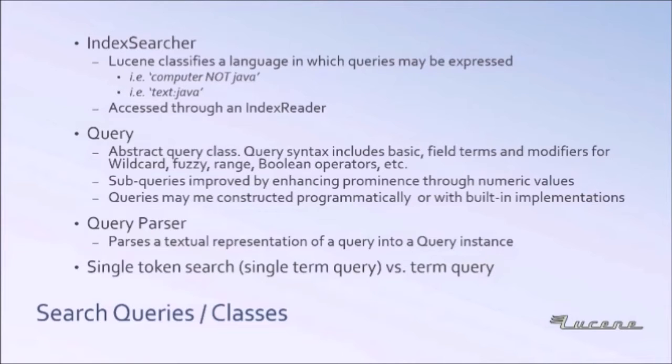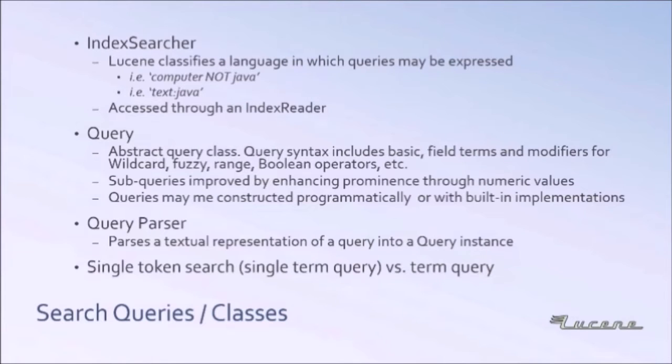Subqueries may be boosted by providing numeric values to raise or lower their prominence relative to other parts of the query. Queries may be constructed programmatically using the dozen or so built-in implementations of the org.apache.lucene.search.Query abstract base class. The query parser parses a textual representation of a query into a query instance.